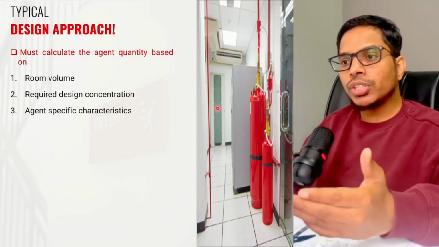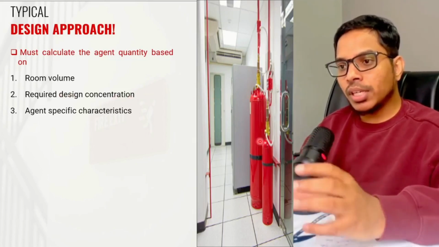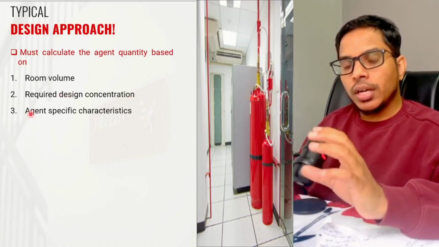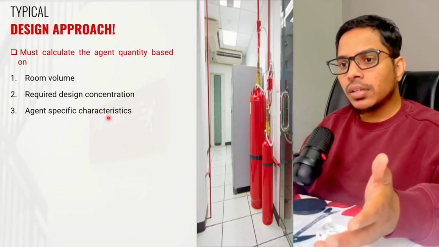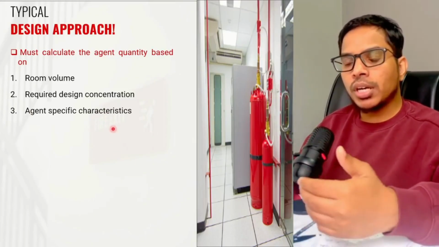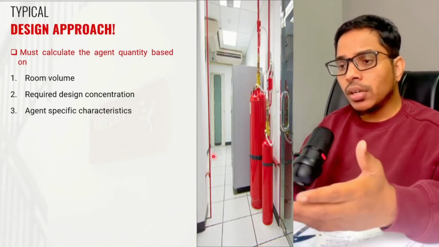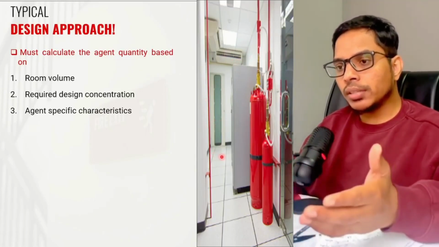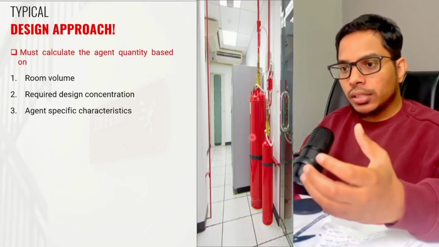So we need to check NFPA 2001 whenever we consider the minimum design concentration for any clean agent. Apart from that, we need to consider specific characteristics of the particular agent, like vapor pressure and density, and also the room temperature matters. The altitude of this particular building also matters when selecting the clean agent system.